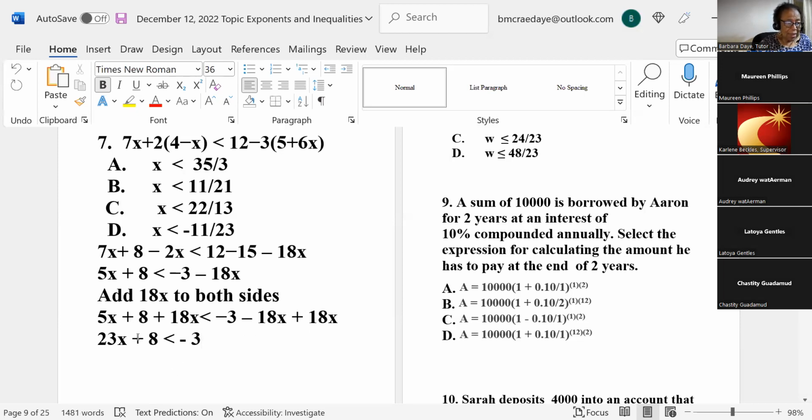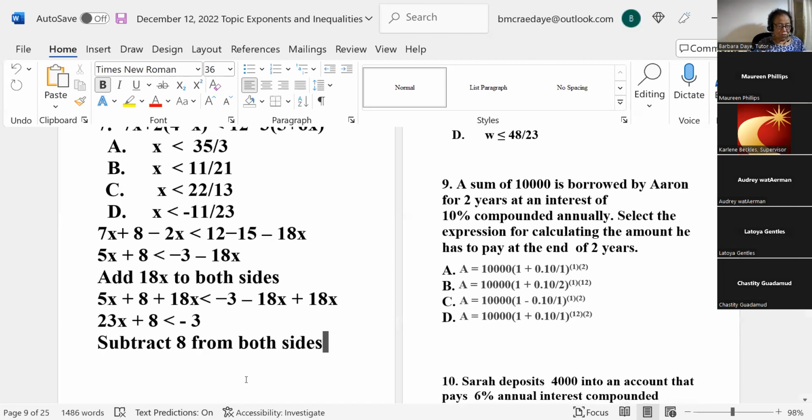Now I need to get my 8 on the right side. What do I do? You subtract. That's it, because you're adding, so you're doing the opposite. So you subtract 8 from both sides.